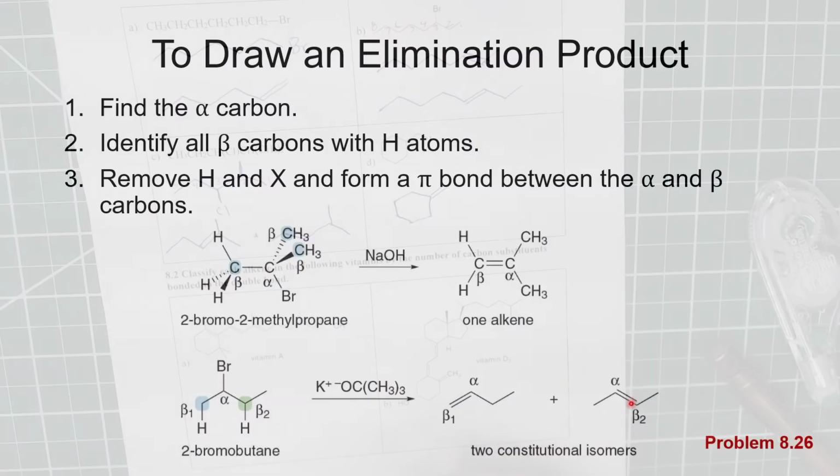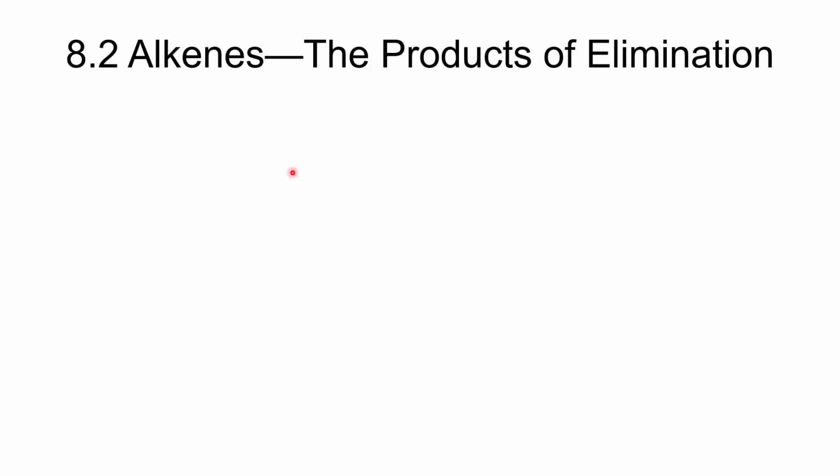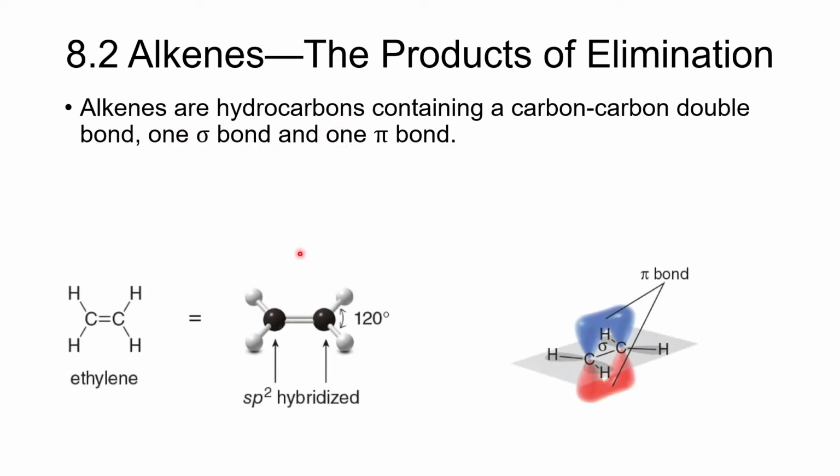Okay, so going back to our presentation, we want to look at the alkenes, which are our products of elimination. The alkenes are hydrocarbons that contain a carbon-carbon double bond, one that is a sigma bond and one that is a pi bond.